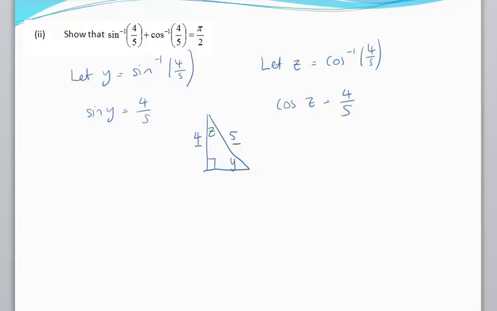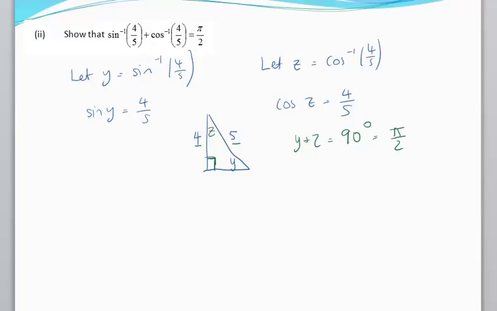Both of these angles exist within our right angled triangle, and our right angle is taken out here. So we know our angle y plus z must equal 90 degrees, and 90 degrees is pi on 2. So y plus z is equal to pi on 2.